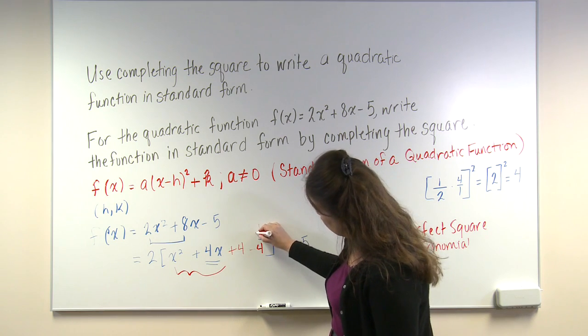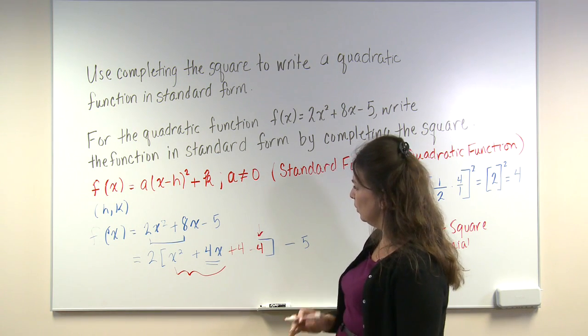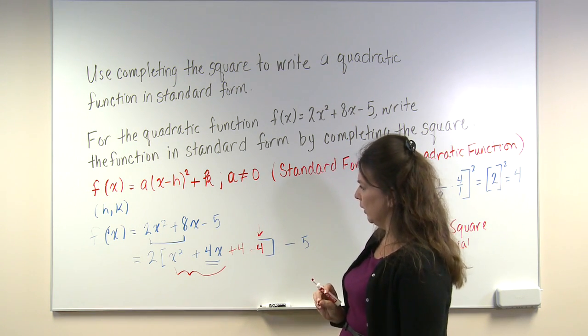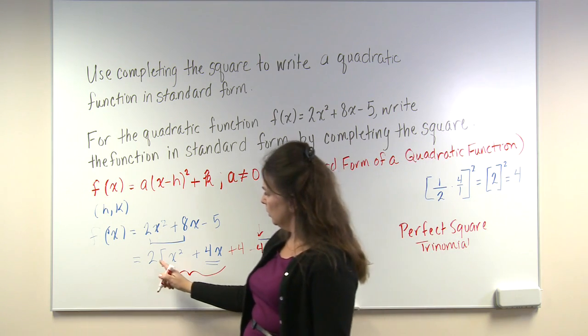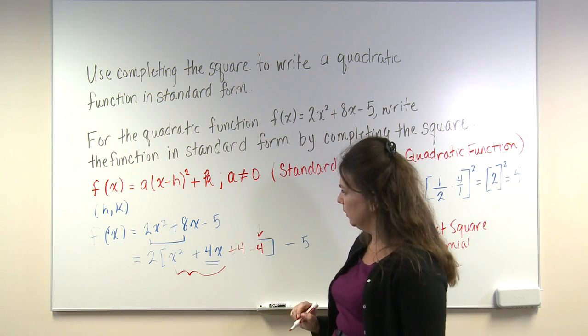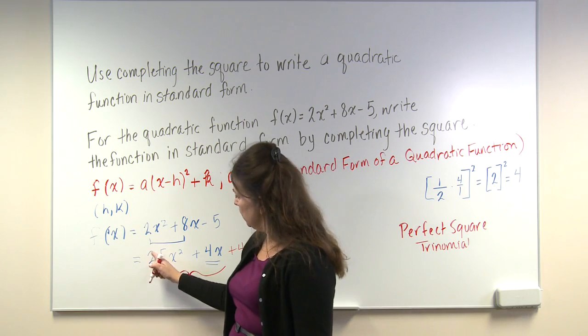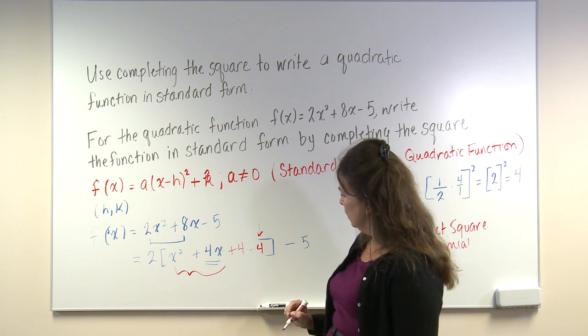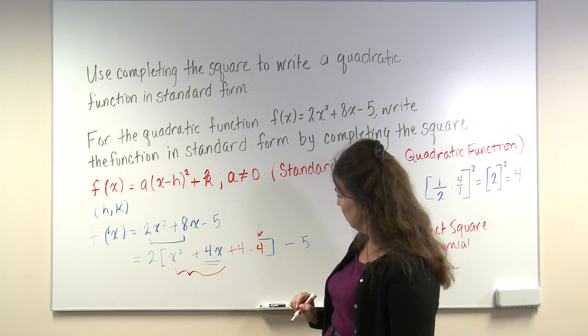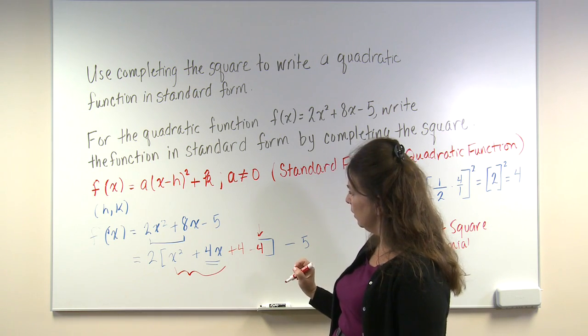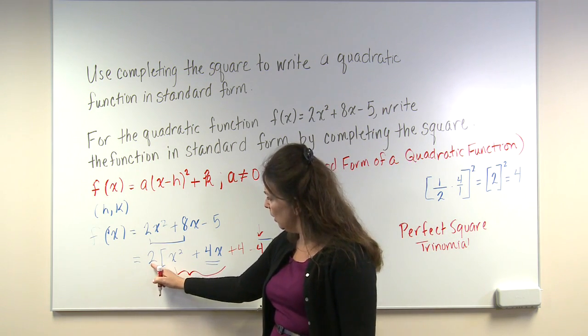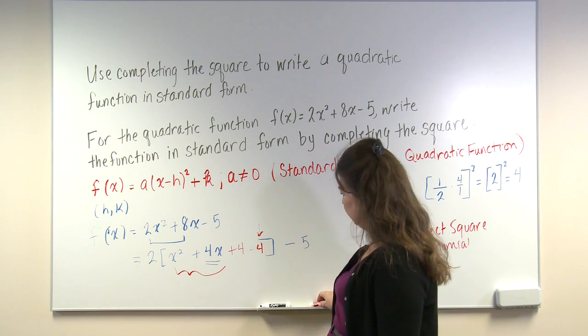I want to take this minus 4 outside of the square brackets. But each of the terms inside the square brackets is being multiplied by this 2. So in order for this minus 4 to come outside, I need to multiply it by 2.